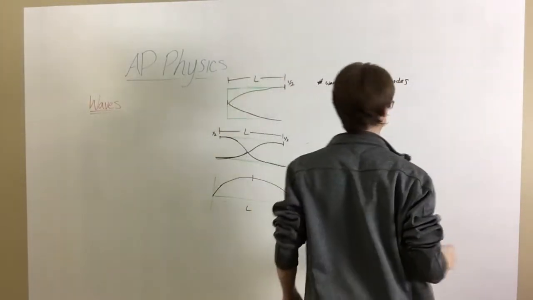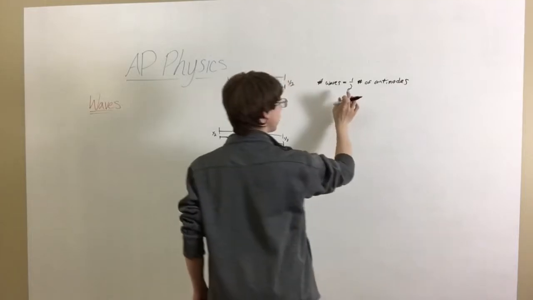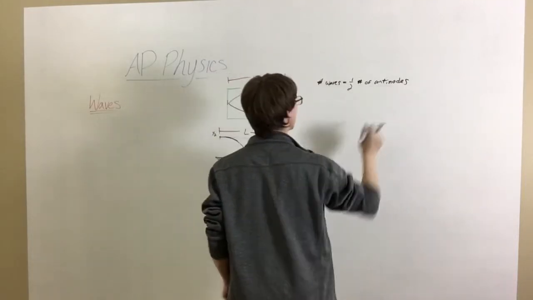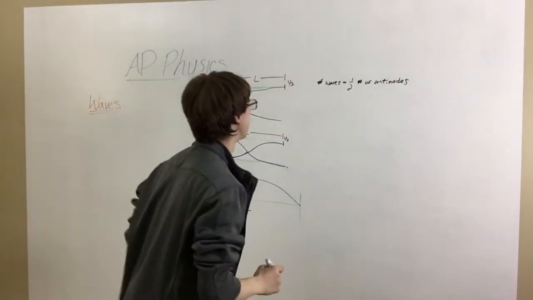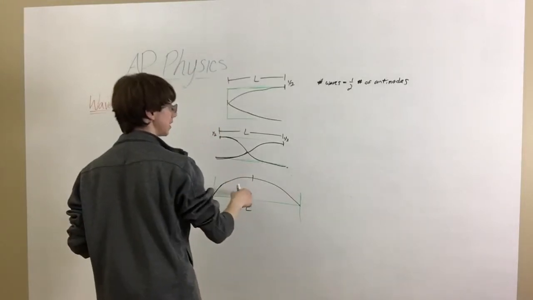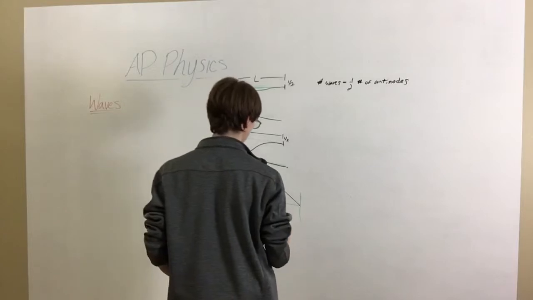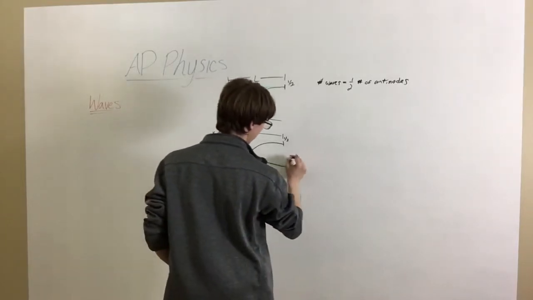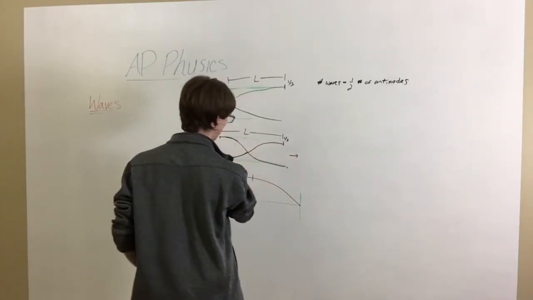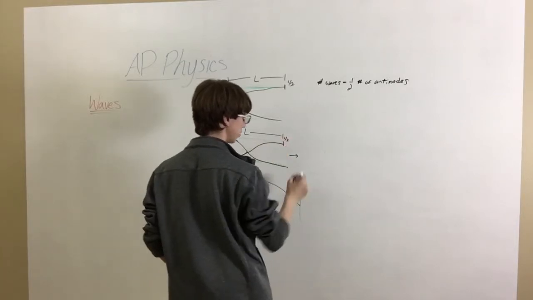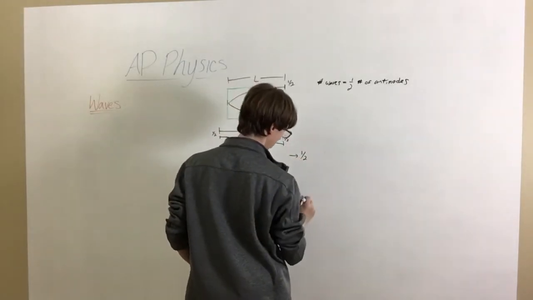Okay? So the number of waves is half the number of antinodes. So if you have one antinode, then you have half of a wave. Here we have half an antinode and half an antinode, so that makes one antinode. So here we have half of a wave.